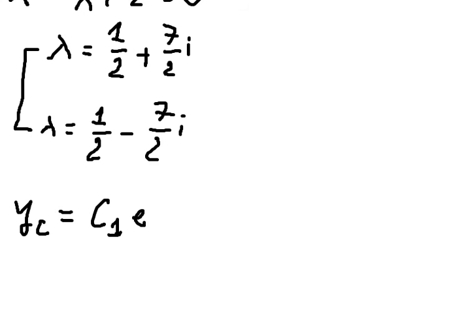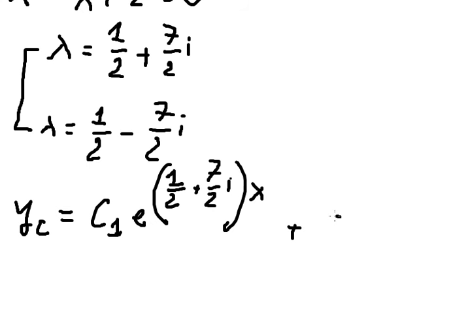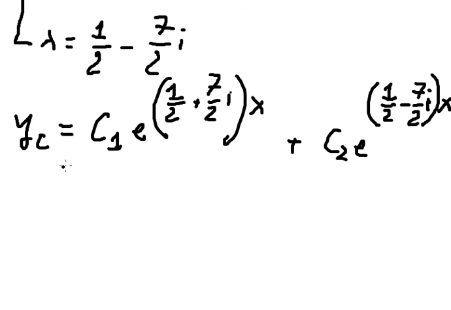So I will put this one here. And we have c number 2 e to the power of 1 over 2 minus 7 over 2 i, and we have x.